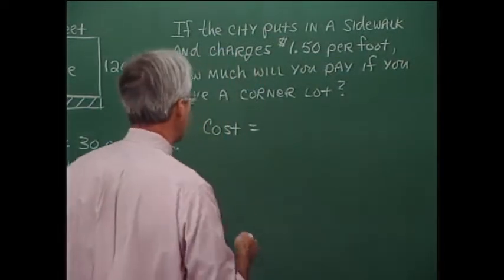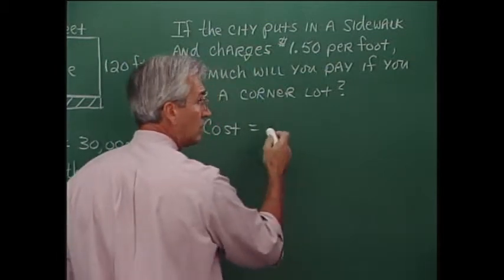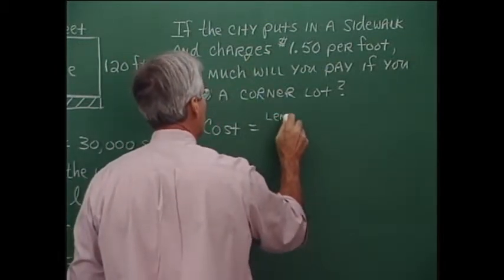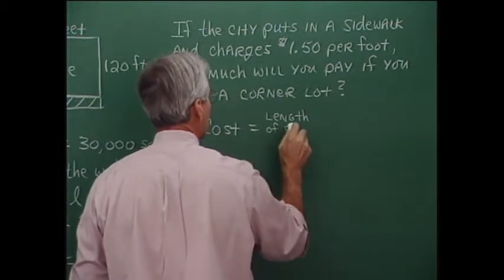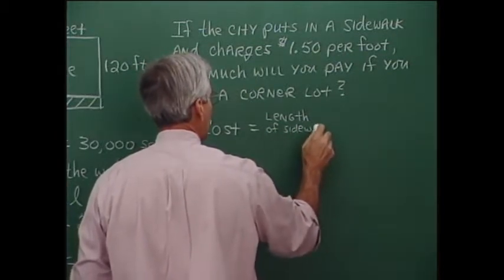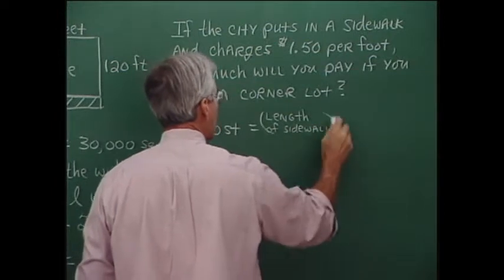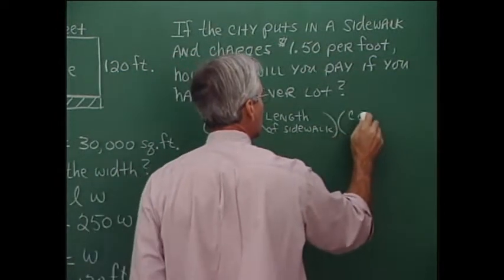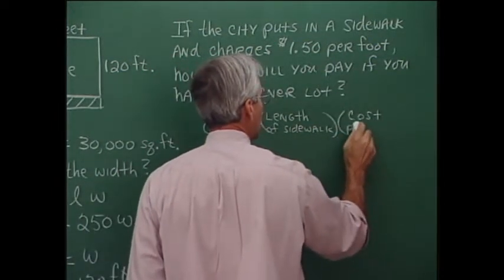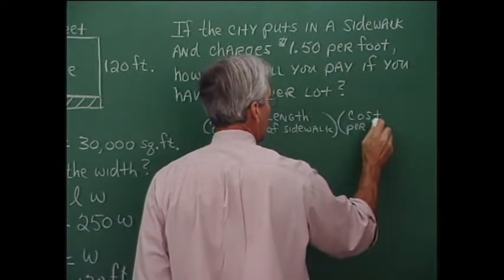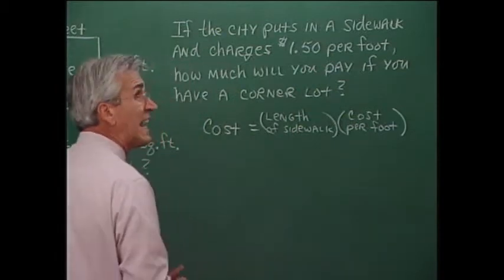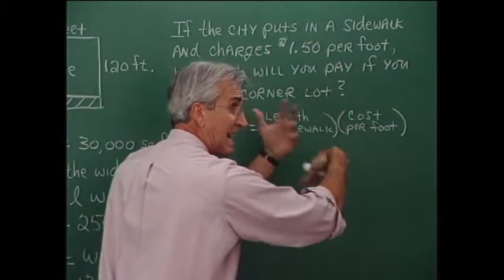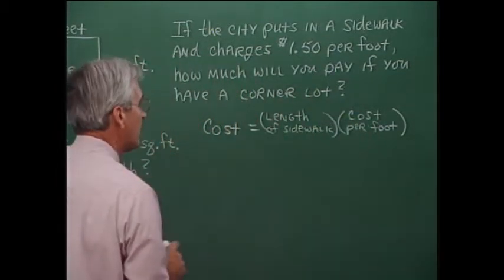The total cost is, let's see, the length of the sidewalk times the cost per foot, or the rate of the charge, you see, that is associated with this.